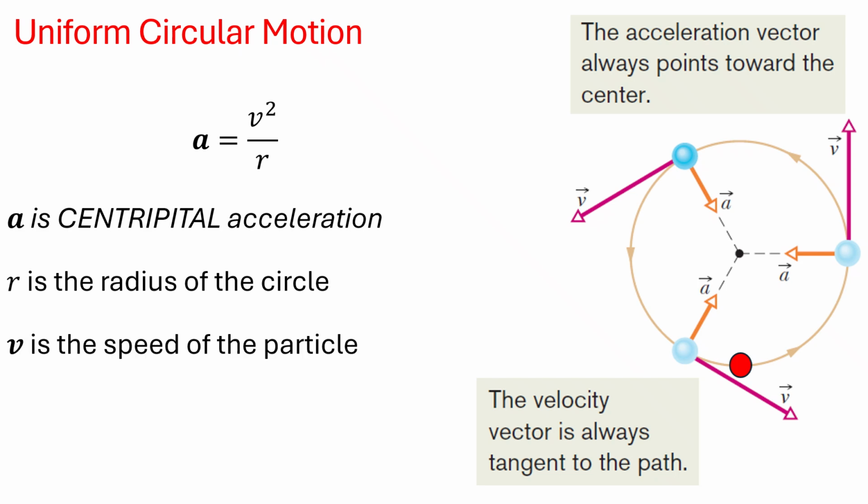So we can write the period T is equal to the distance traveled, 2 pi r, divided by the uniform speed v. This is called the period of revolution, or simply the period of motion. It is in general the time for the particle to go around a closed path exactly once.